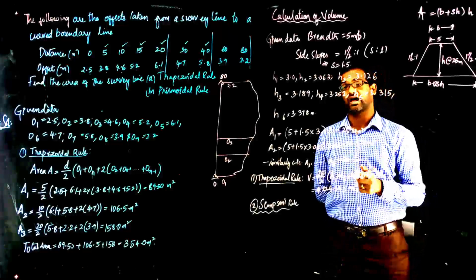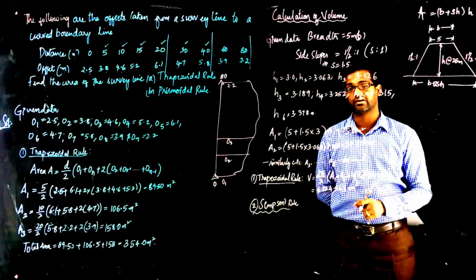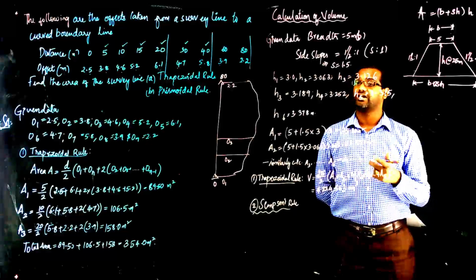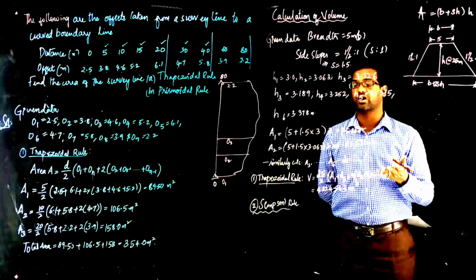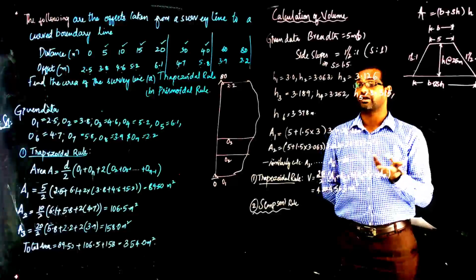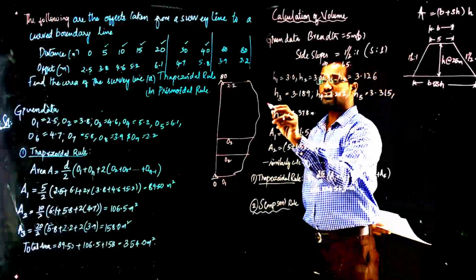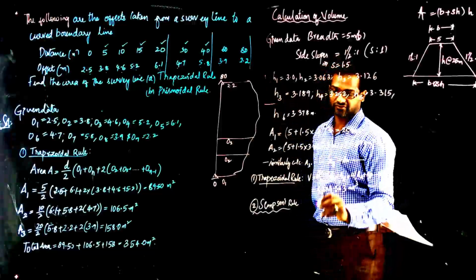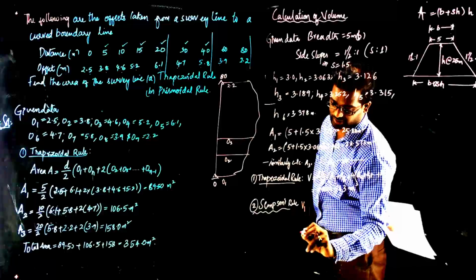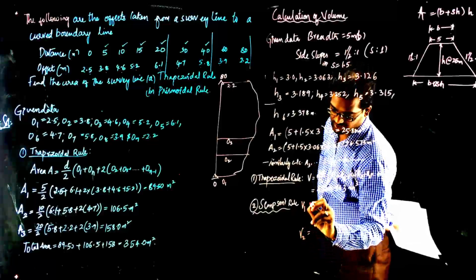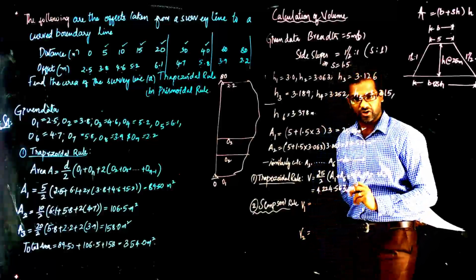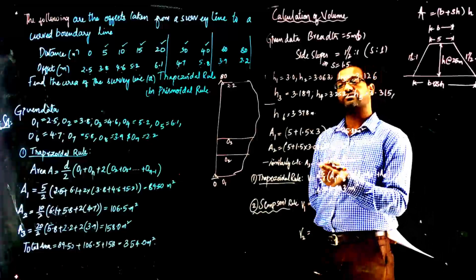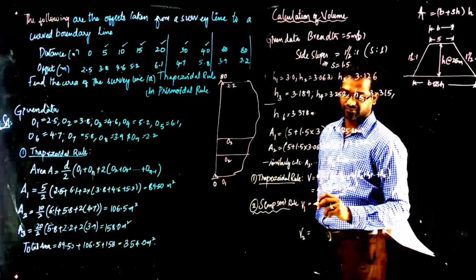So when you have an even number of ordinates or areas, then for the last 2 you have to use either mid ordinate or trapezoidal rule. So we will use the Simpson rule from here to here, thereafter we go for that. So we'll divide it as V1 and V2. V1 being the first 5 ordinates and V2 being the 5th and 6th areas.